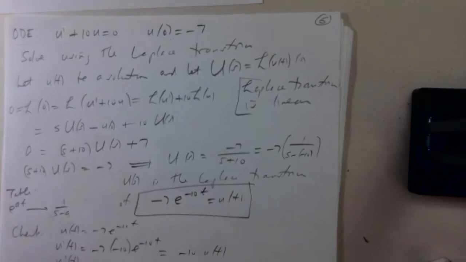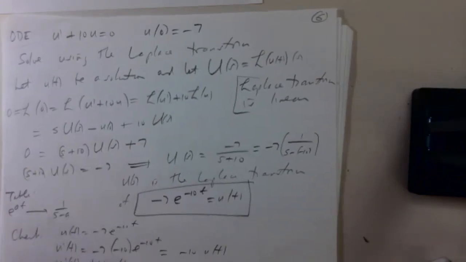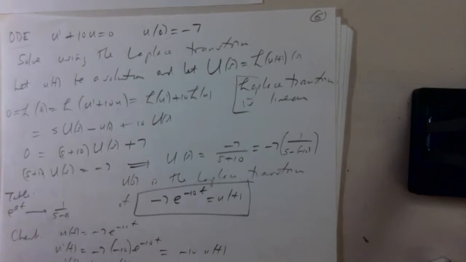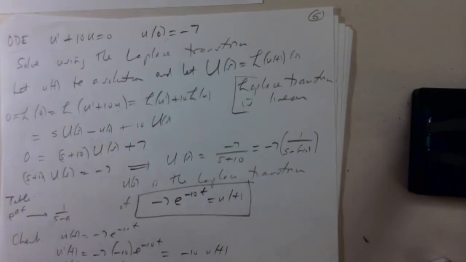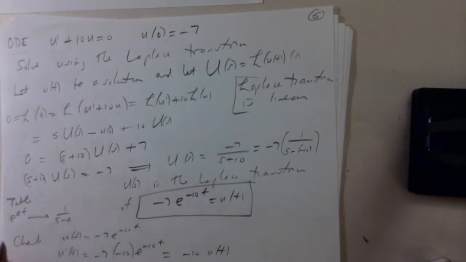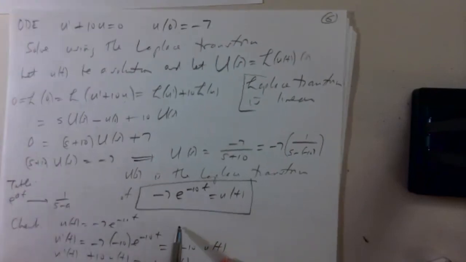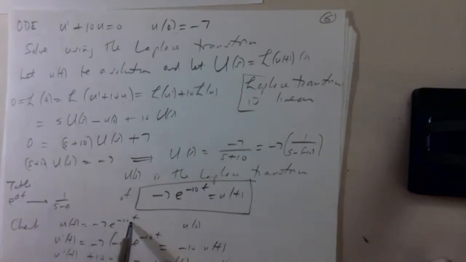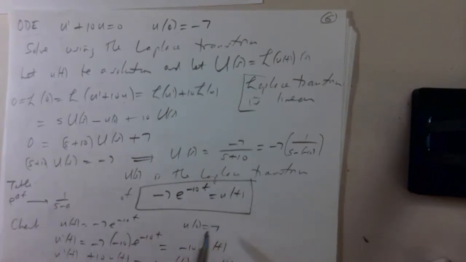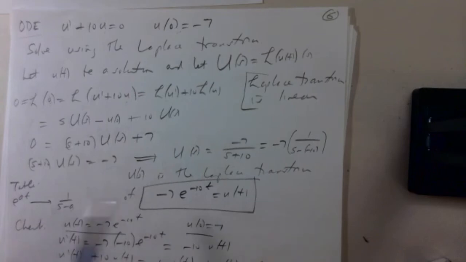So u prime of t plus 10 u of t is minus 10 u of t plus 10 u of t, which is 0, and it checks. And also, obviously, u of 0, when you plug in t equals 0, you get minus 7. So we solved the differential equation with this initial condition.